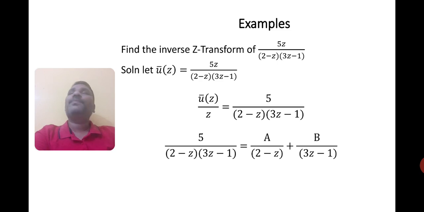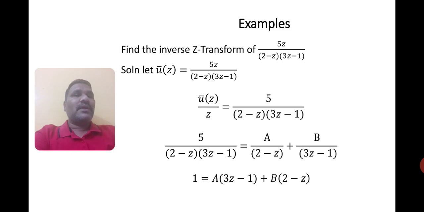Cross multiplication: after cross multiplying, it should be 5, mistakenly it came as 1. 5 is equal to A(3z minus 1) plus B(2 minus z). When you put z equal to 2, B will get 0, so it will be 6 minus 1, 5, so the A value will be 1.